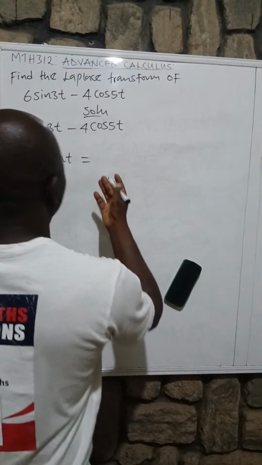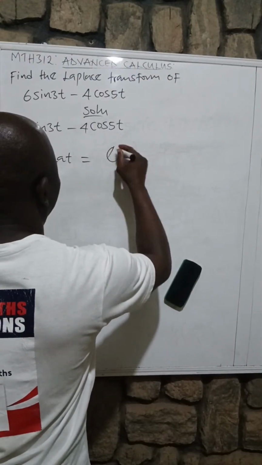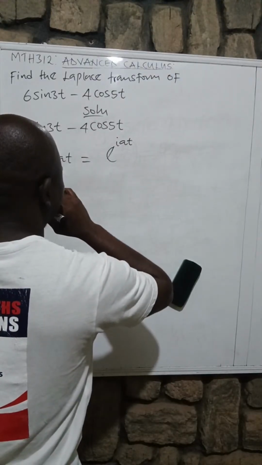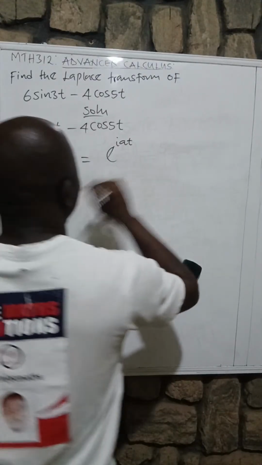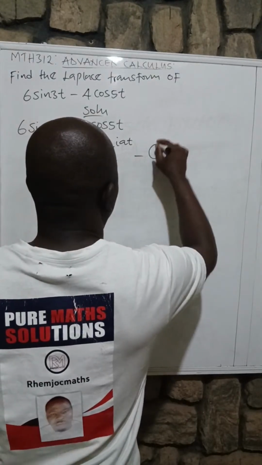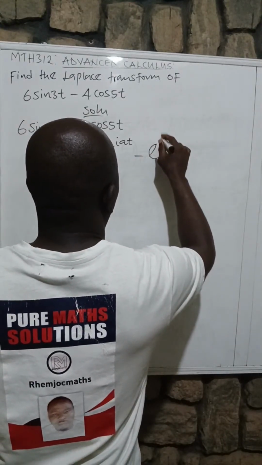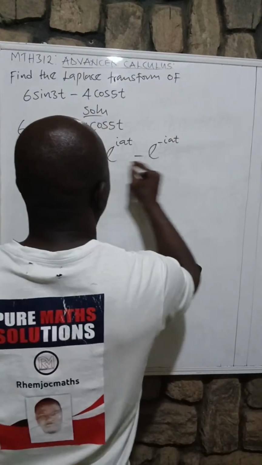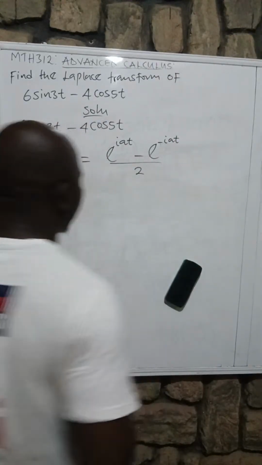This is the same thing as exponential iat minus exponential minus iat, all over 2, right?